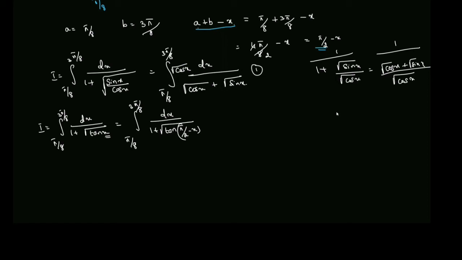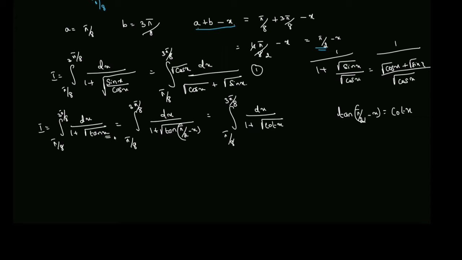Now what is tan of pi by 2 minus x? Tan of pi by 2 minus x is equal to cot x, since tan of 90 minus theta is cot theta. So this integral now becomes the integral from pi by 8 to 3 pi by 8 of dx by 1 plus root of cot x.